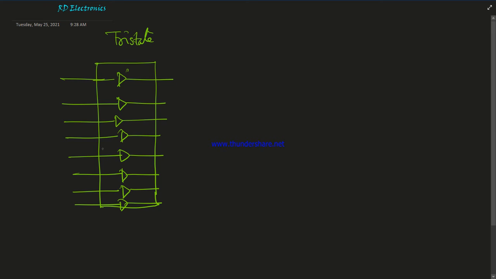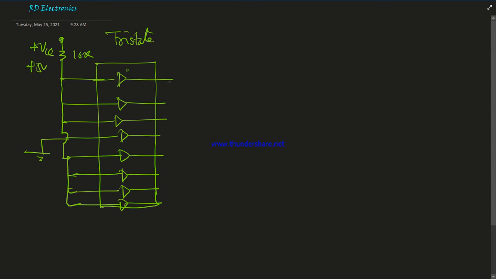Now this is logic 1, and this is connected to ground, and these 4 bits are all connected to logic 1. One 10k resistance is connected here to plus VCC, that means plus 5 volts, and this is ground.